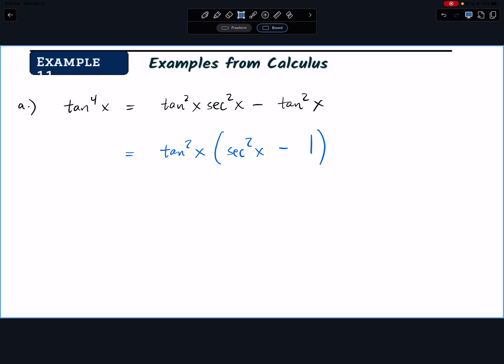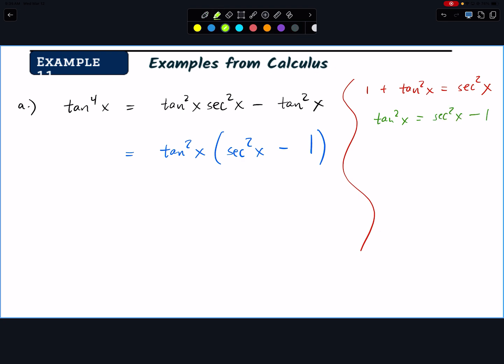What does that identity say? I agree. So if you guys look at our problem, how can I get this from this? Subtract what? 1. Good, good, good. So tangent squared x is equal to secant squared x minus 1.